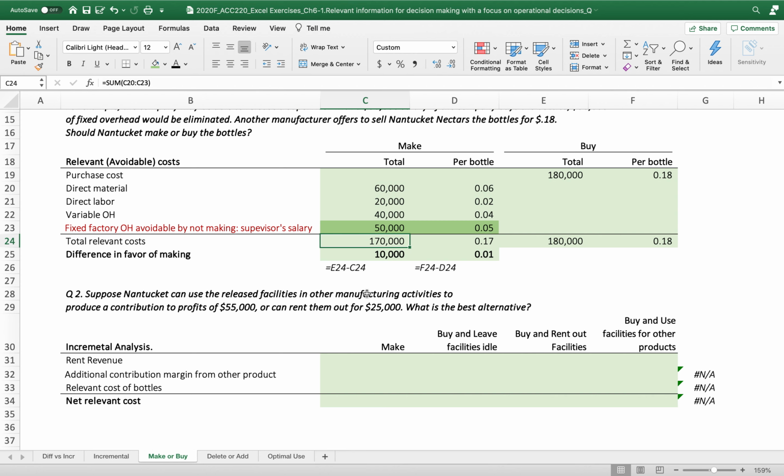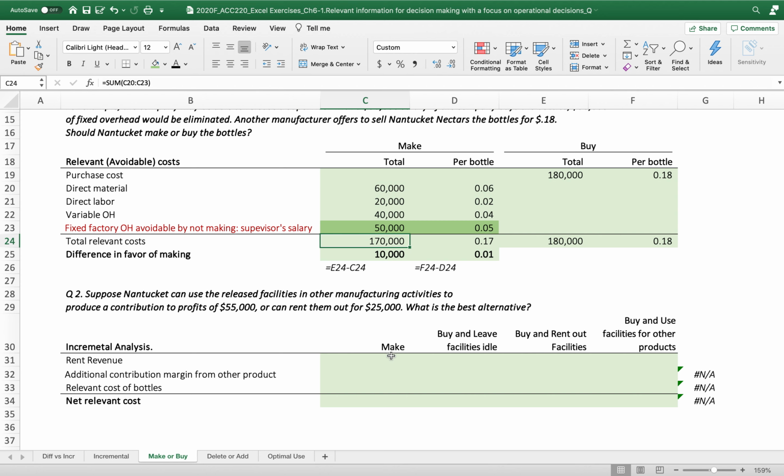Then let's compare these four cases. Suppose Nantucket can use the released facilities in other manufacturing activities to produce a contribution margin to profits of $55,000, or can rent them out for $25,000. What is the best alternative?